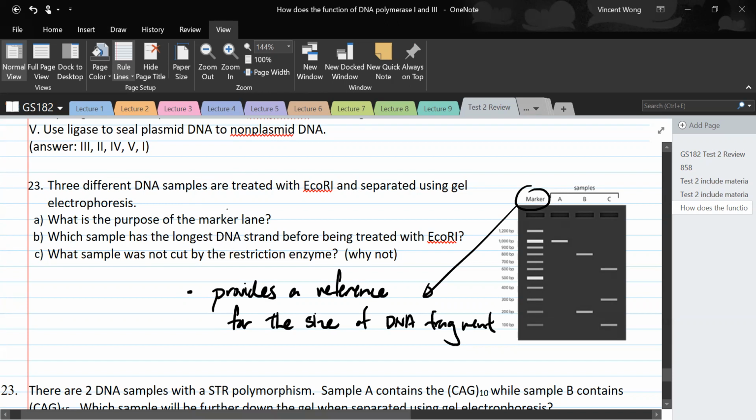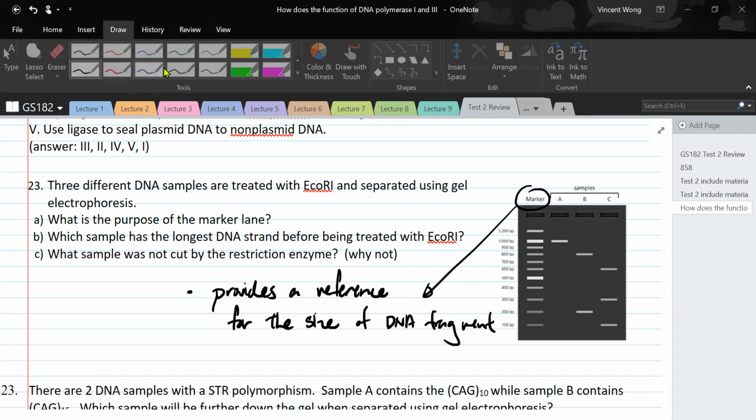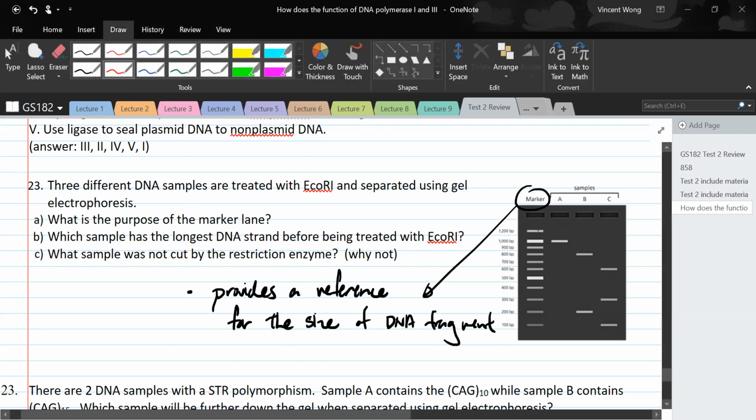Which sample has the longest DNA strand after being treated with EcoR1? The longest one is the one that is closest to the top. So this is the longest one, not counting the marker lengths, because the marker is not your sample. It's just a reference that you purchase.